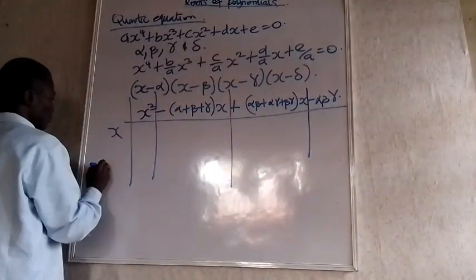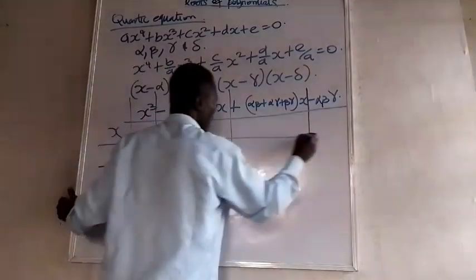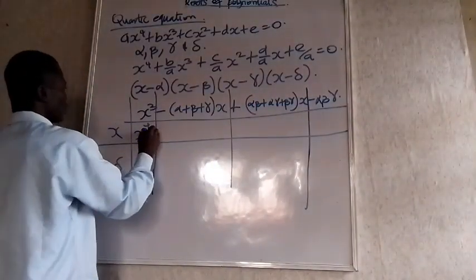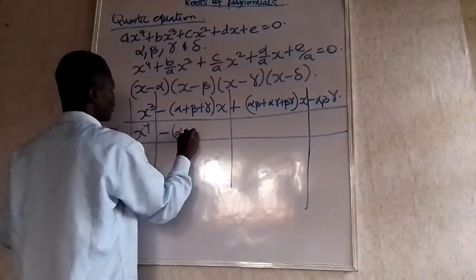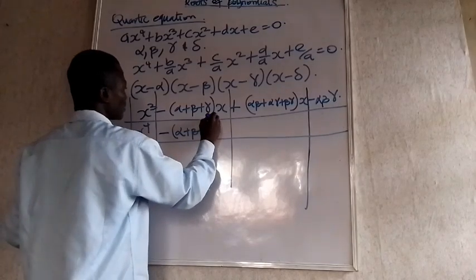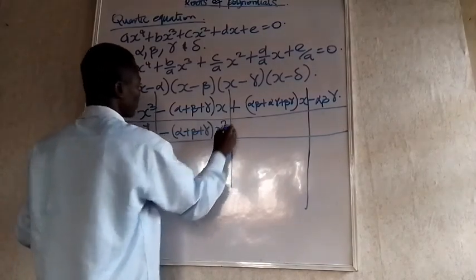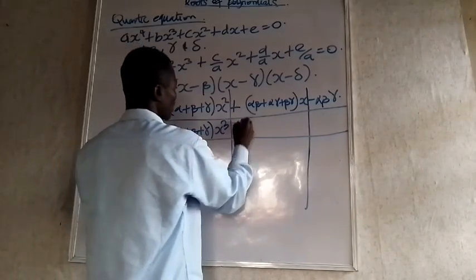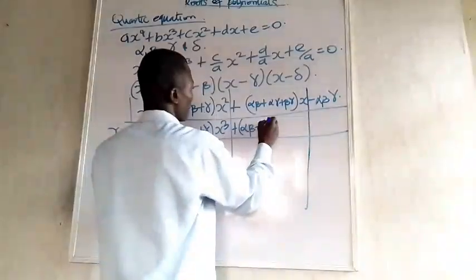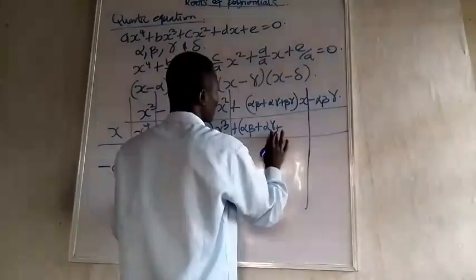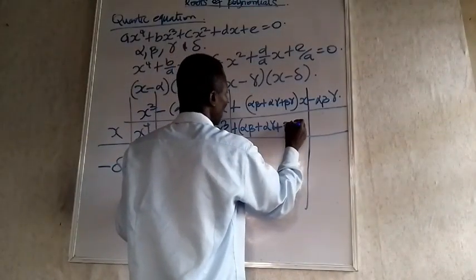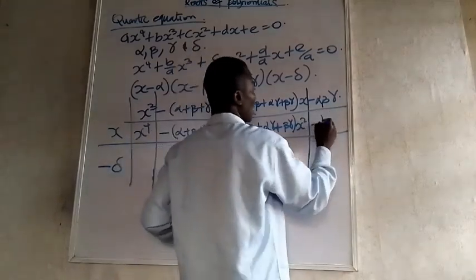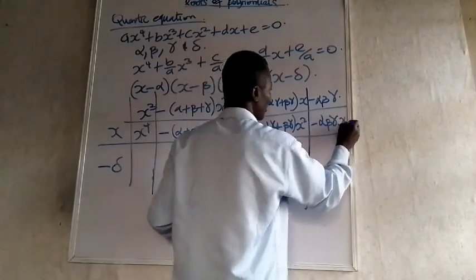So x minus delta. This is going to give us x raised to the power 4 minus alpha plus beta plus gamma x cubed plus alpha beta plus alpha gamma plus beta gamma x squared minus alpha beta gamma x.